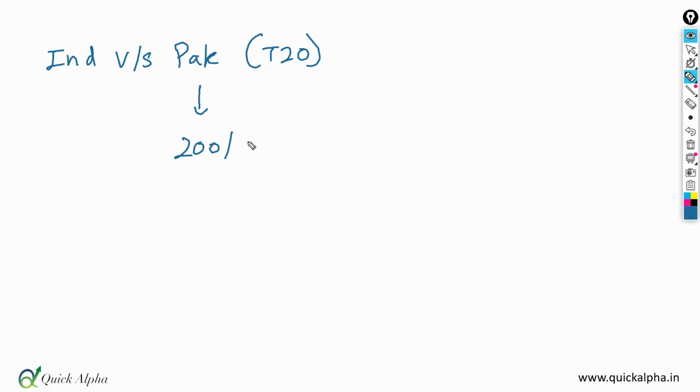To understand this better, let me give you an example. Let us say there is an India versus Pakistan cricket match. It is a T20 match, and Pakistan has scored 200 for 5 in its first innings. So the score is pretty good. Pakistan has posted a very competitive total.